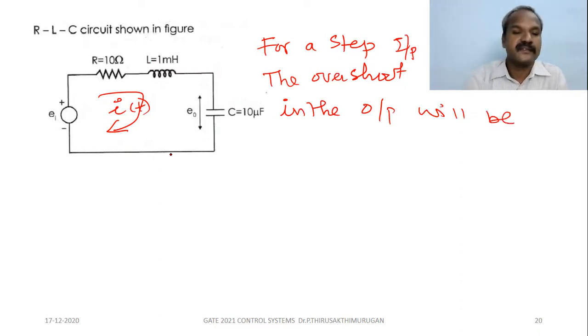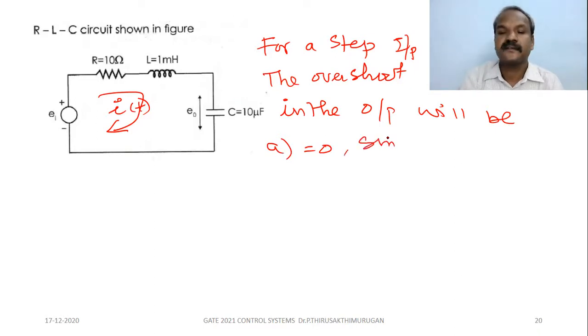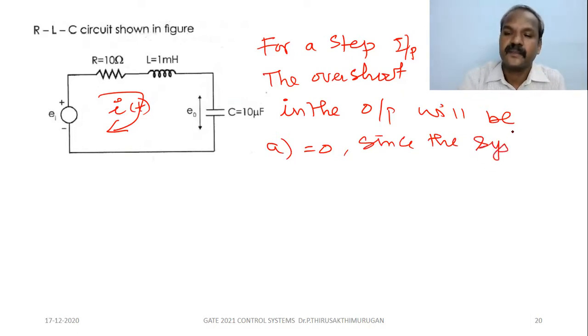The first option is A equal to 0. A is 0, since the system is underdamped.